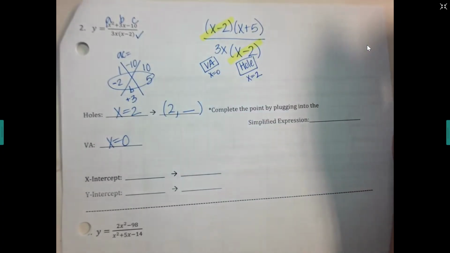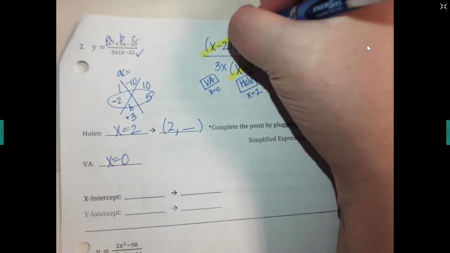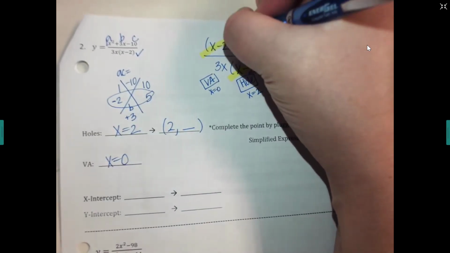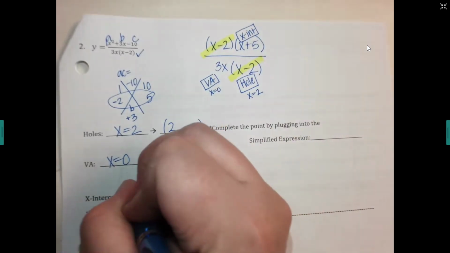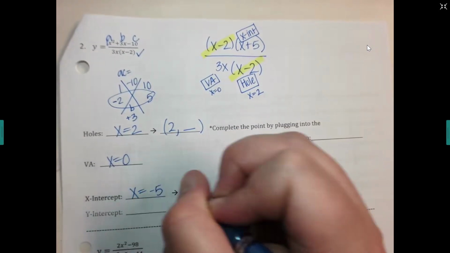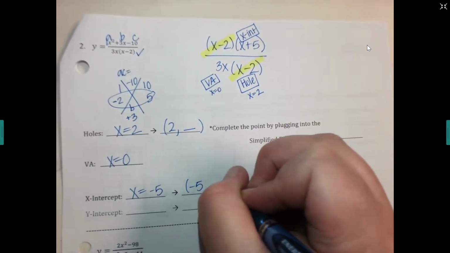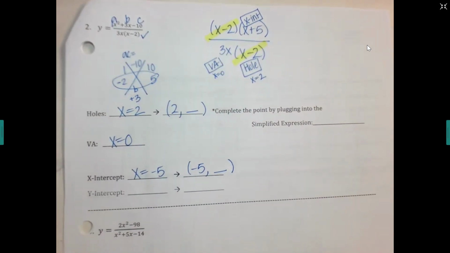And then remember, any x's left on top create x-intercepts. So my x-intercept is going to be at what x if it's a +5 left in the equation? -5, very good. And then we'll write it as -5 comma something.